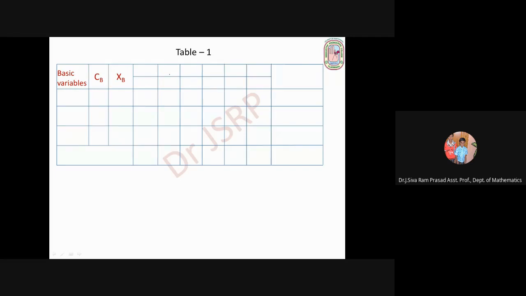Here we have two sub rows. Here we have column vectors, capital X1, then capital X2, then capital S1, capital S2, capital S3. The last one is the artificial variable, capital XA1. The last column is the minimum ratio test.